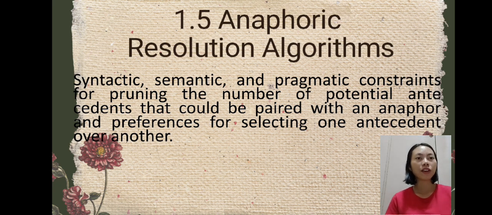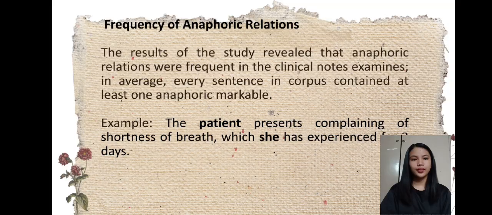Many of the attributes we annotated in the corpus were motivated by the constraints and preferences commonly incorporated in reference resolution algorithms. Now let's proceed to the discussion of the results based on the objectives of the study.